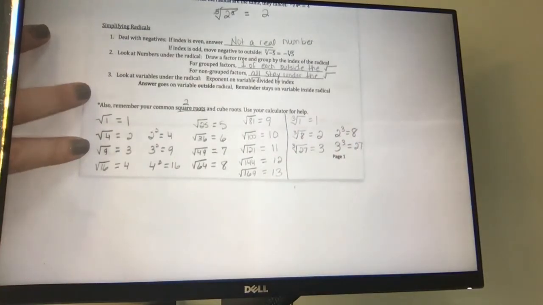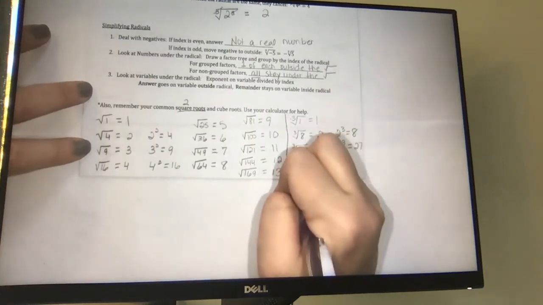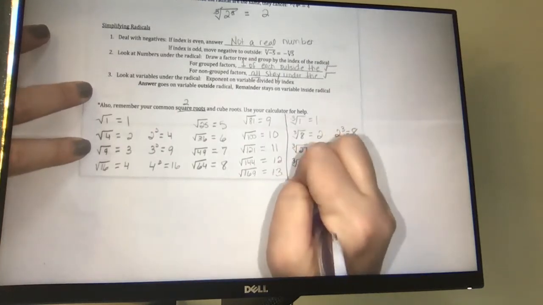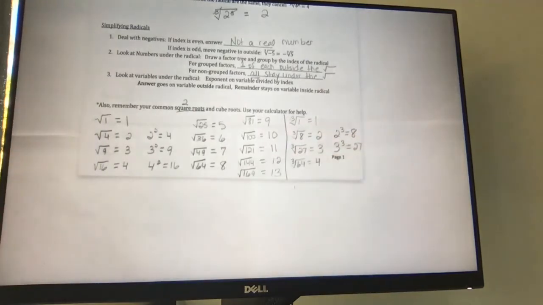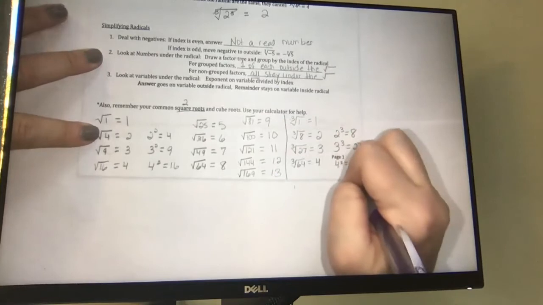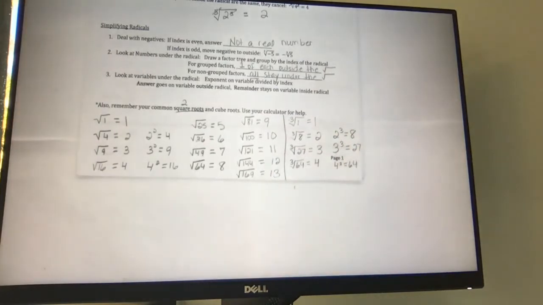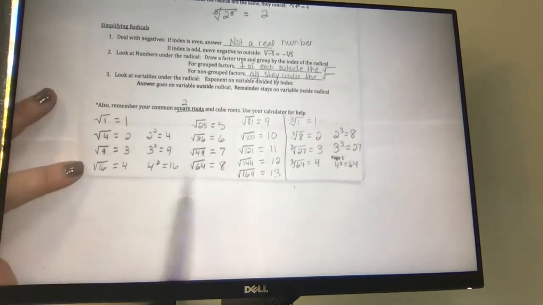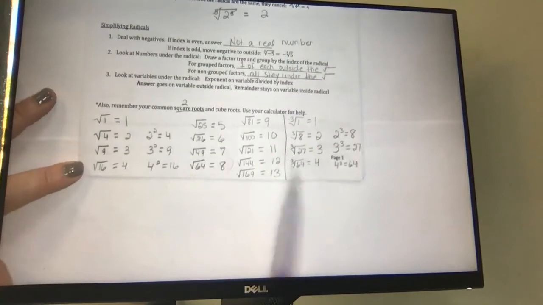All right, I told you before that 64 was special. What's the cubed root of 64? That's going to be 4, because 4 cubed is 64. Now, why is 64 special? Because it's one of a very exclusive club that has a perfect square root and a perfect cubed root.